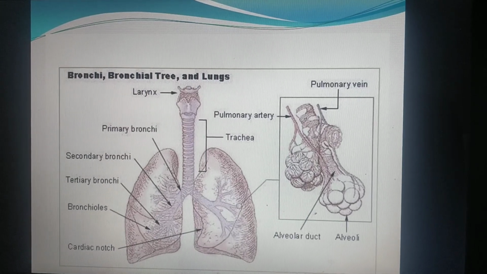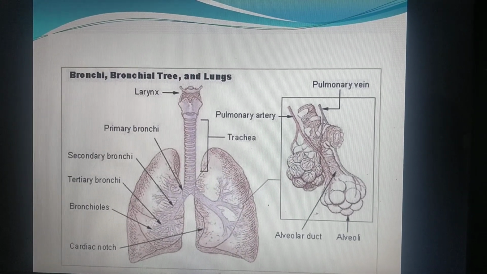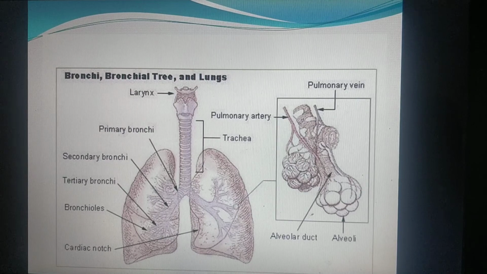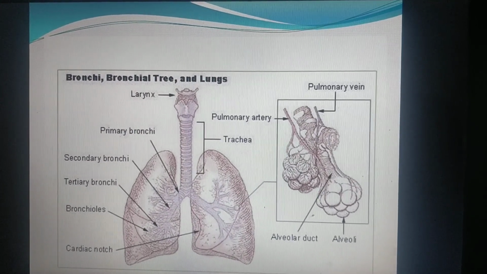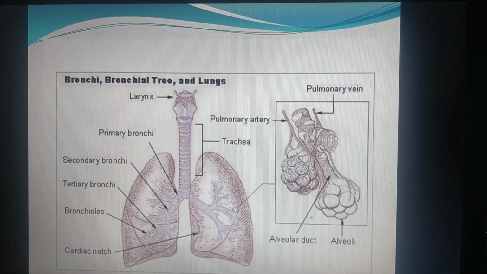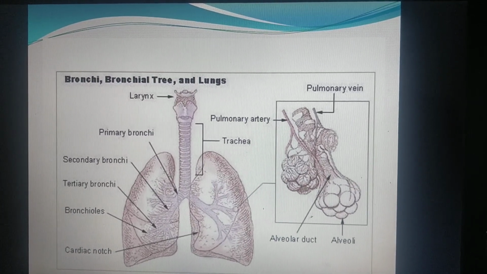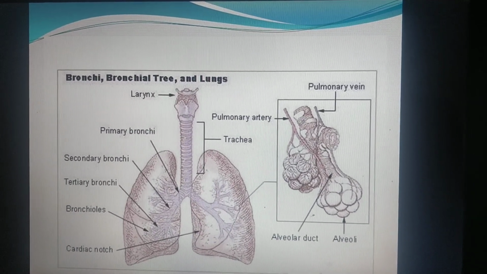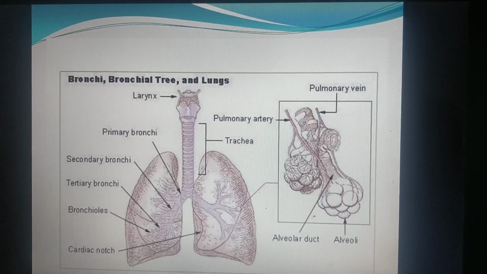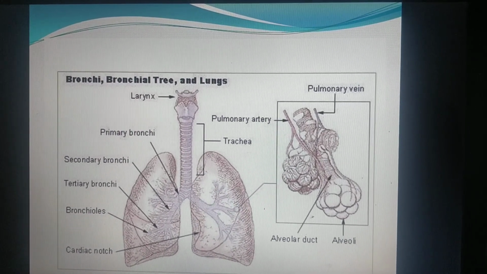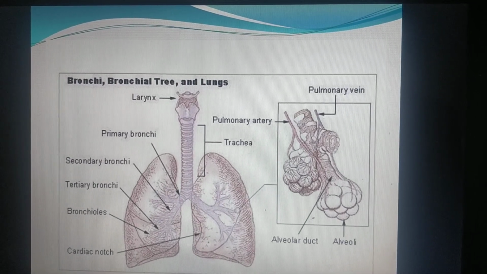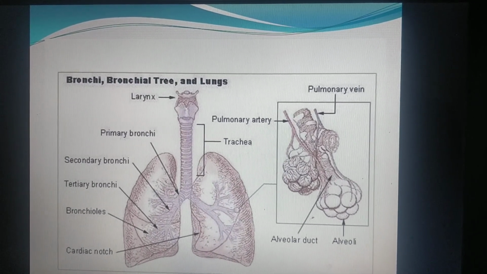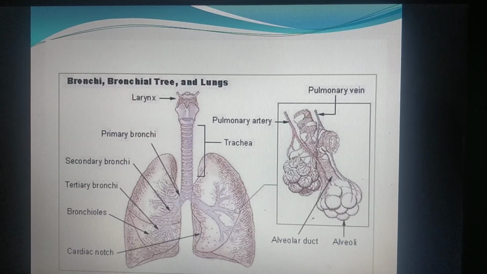Even after exhalation, when the air is pushed out, some volume of air is always present in the lungs, and this is called residual volume. So exchange of air occurs even after expiration or exhalation; a little exchange continues.